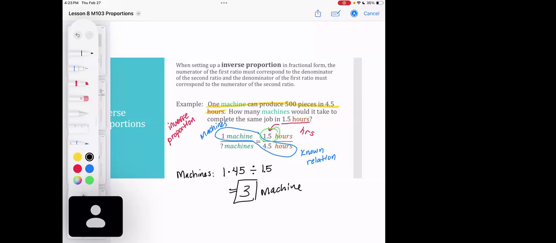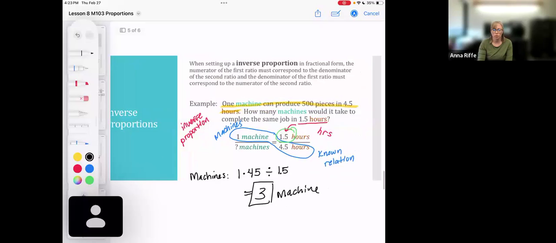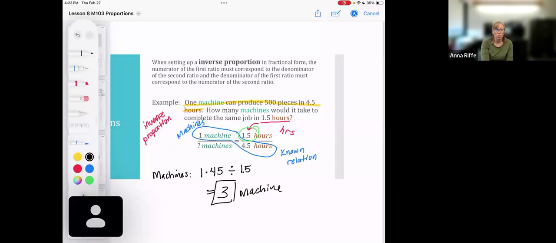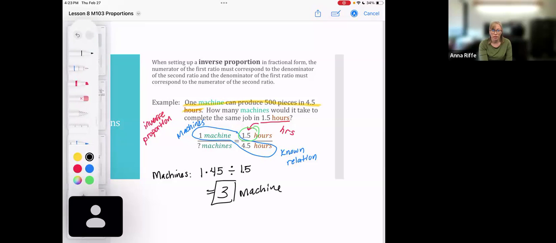How did you know that it was an inverse proportion? Good question. You will not be told that. Here we're told it is an inverse proportion, but generally you're not going to be told that it's inverse. Generally, what you have to do is look at the variables that you're given and think about whether one quantity will increase or decrease as the other one increases.